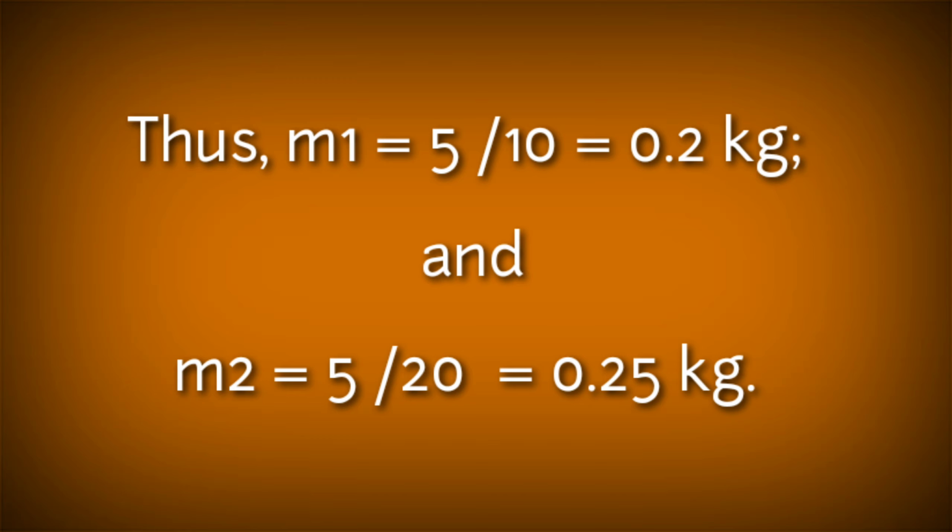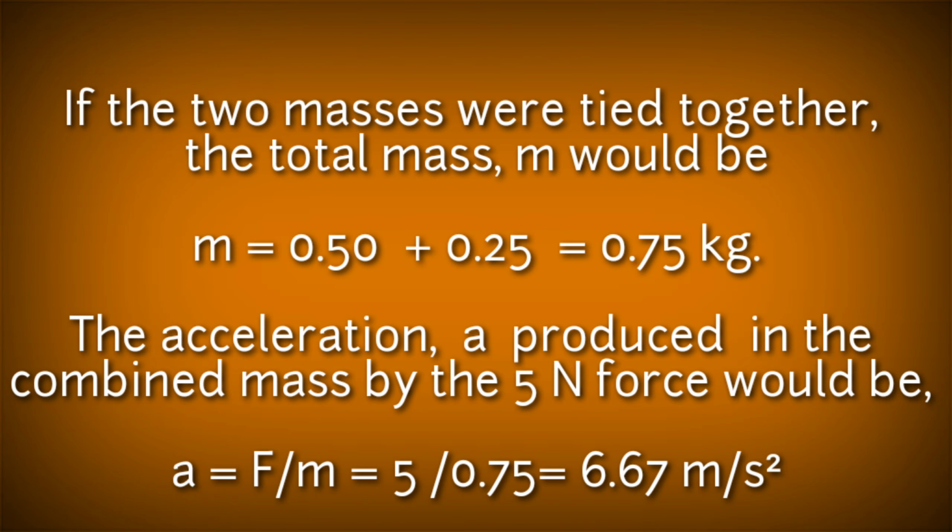We have calculated the values of m1 and m2, which are 0.2 kg and 0.25 kg respectively. Now, what we have to find is the combined acceleration. So we just add the values of m1 and m2: m equals 0.2 plus 0.25, which gives 0.45 kg.